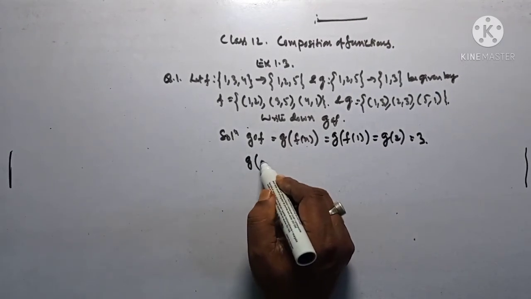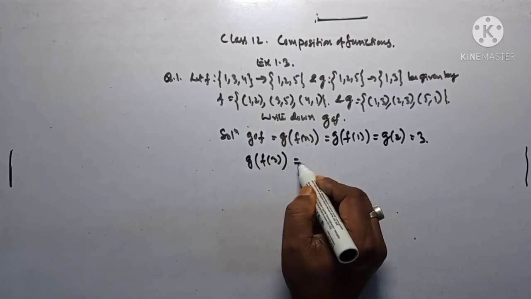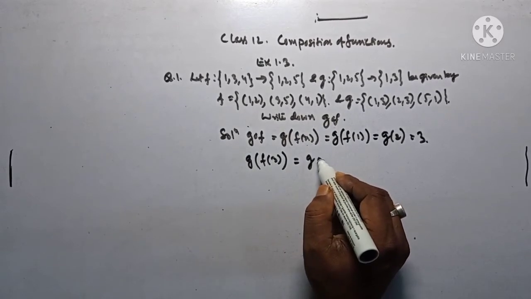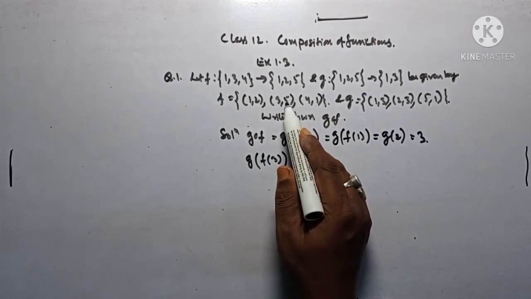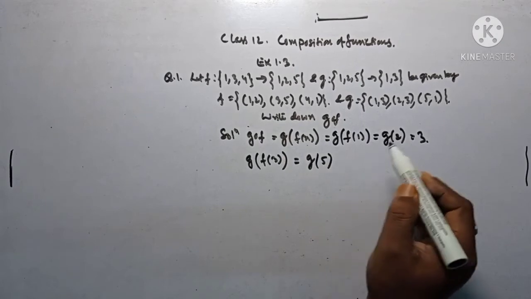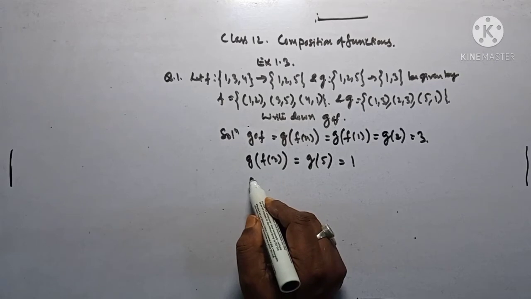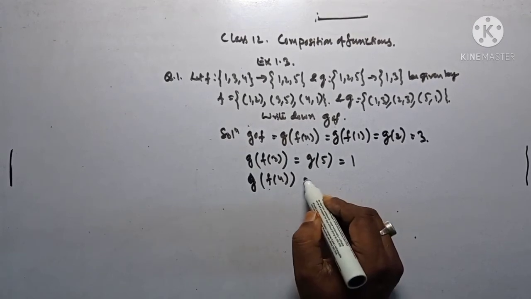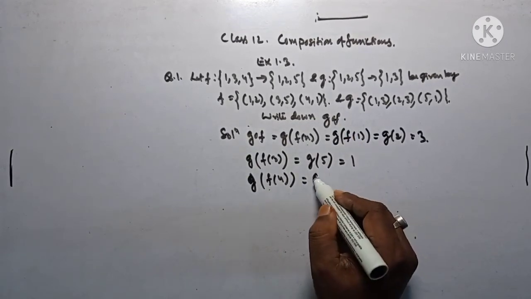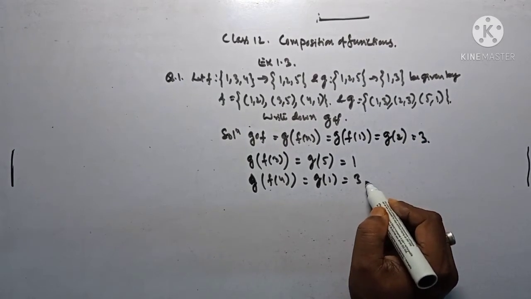Similarly, g of f(3): f(3) is 5, and g(5) is equal to 1. Again, g of f(4): f(4) is 1, g(1), and g(1) is 3.